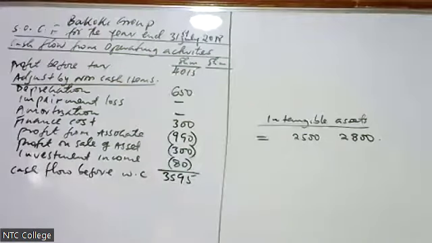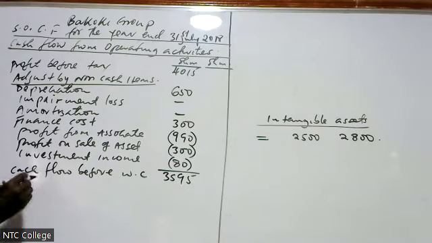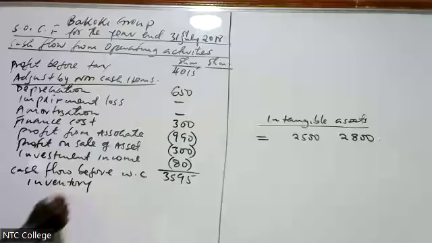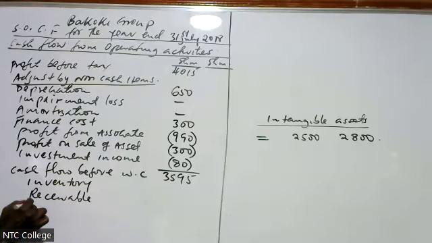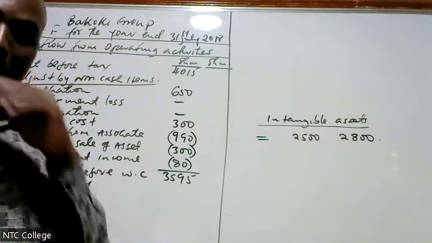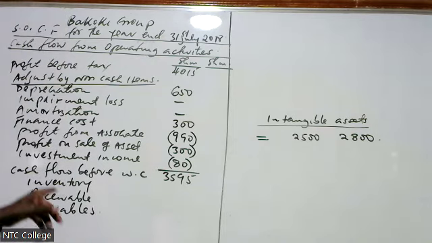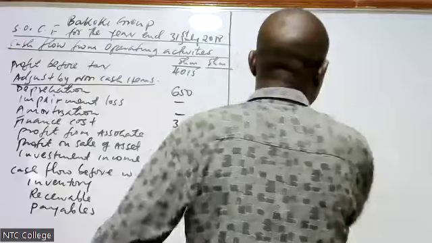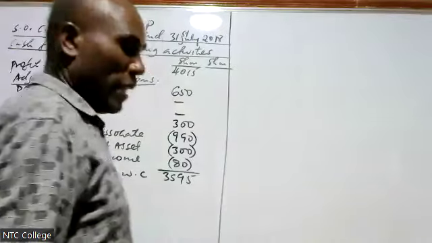Those are the working capital items. Then I come to working capital items. Number one is inventory. Then we have receivable, then payables. Therefore, let's begin with inventory.